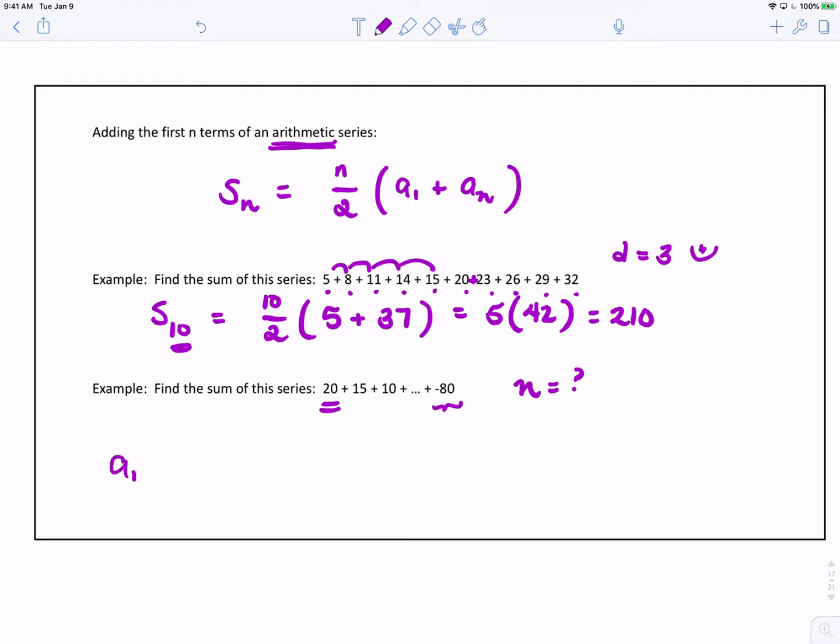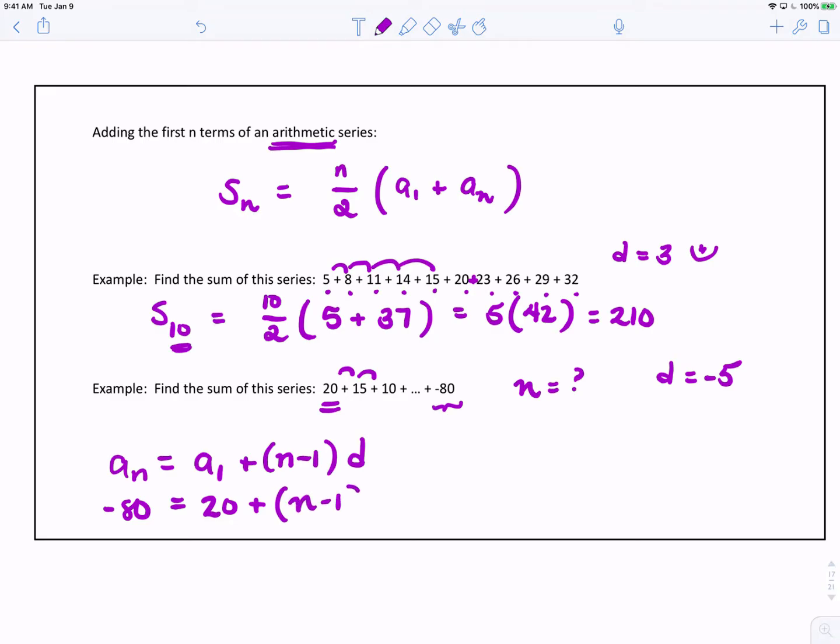So we know that the nth term is equal to the first term plus n minus 1 times the common difference. Okay? And so let's take a look here. We can see that the common difference is negative 5. So the nth term, negative 80, is equal to the first term, 20, plus n minus 1 times our common difference, negative 5.